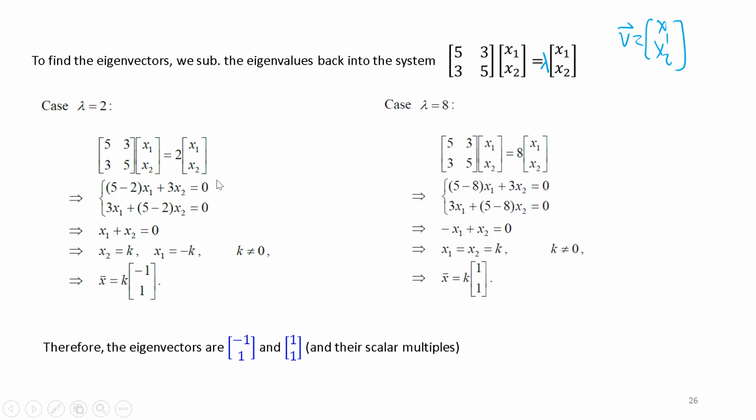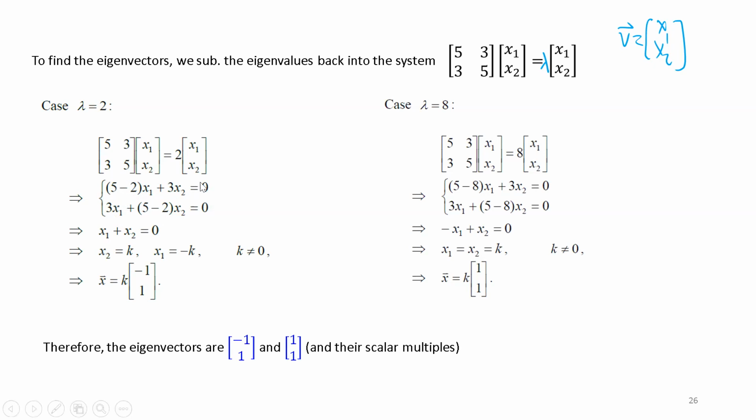Of course, you will always find that you have infinitely many solutions, because this is a homogeneous system, and the lambda we found is such that the system itself has infinitely many solutions. That's why whenever you solve this system, you'll find infinitely many solutions.